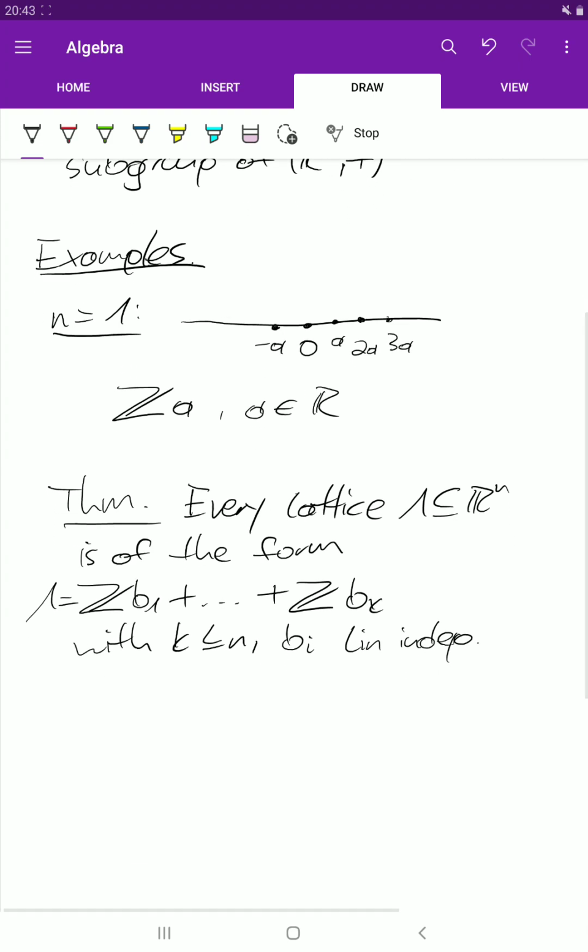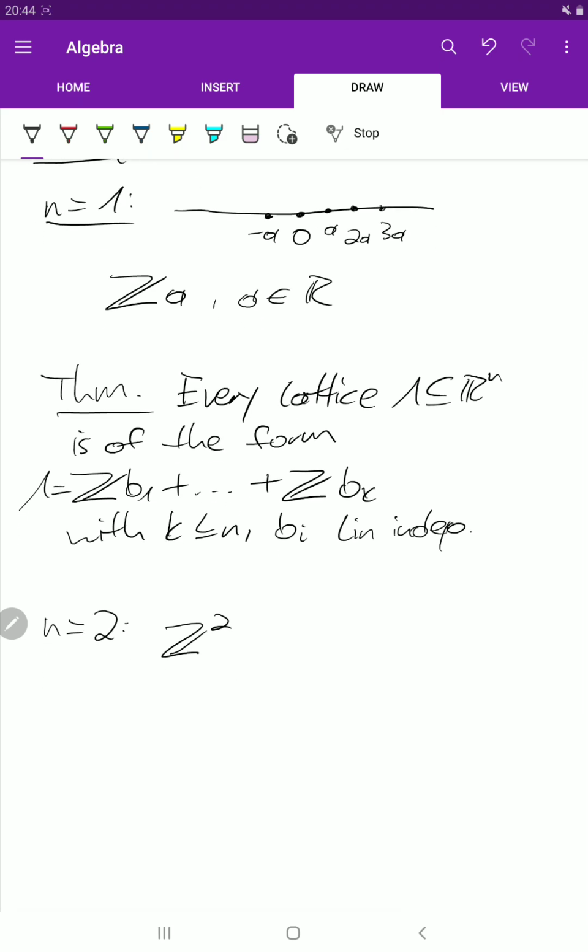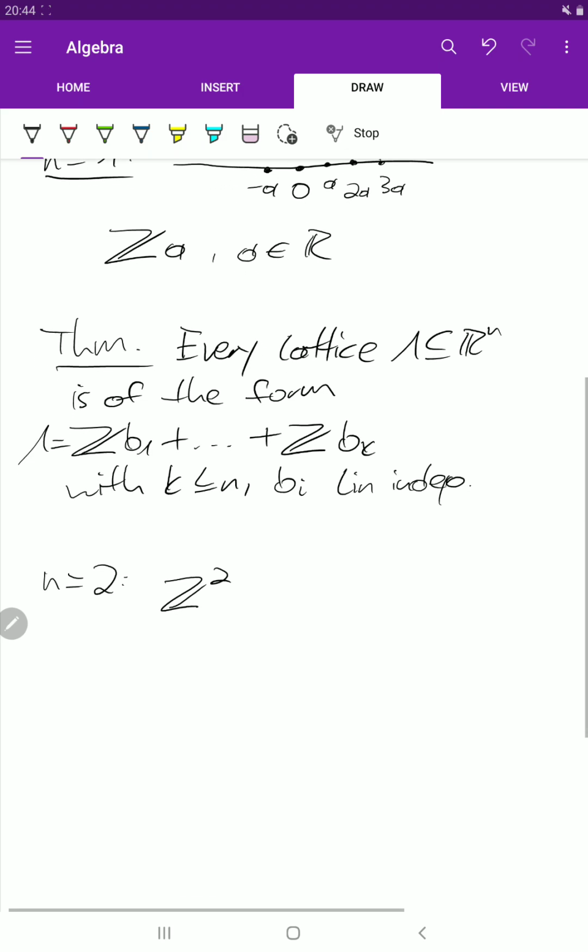And now let's look maybe at the case for n equals 2. So we can, for instance, just take Z2, or we can also take different things, but let's start with Z2. So then it looks like this, and of course it goes on like this.